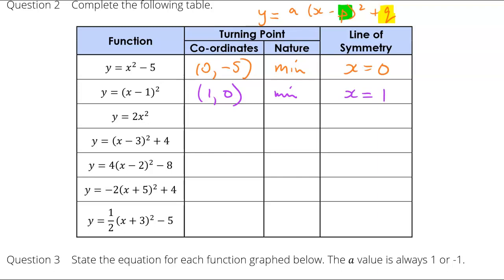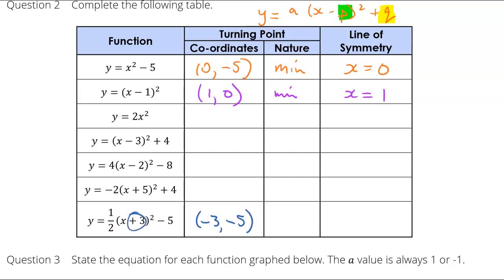I'll just pick one more out. Let's say the last one, and then you can fill in the rest. The last one has a half. So that tells me the parabola is wider than your standard x squared. It doesn't change the turning point. The turning point is still at your PQ value, so it's still at (-3, -5).